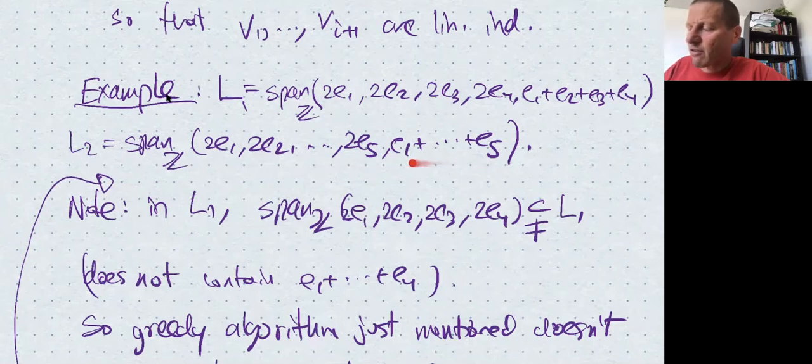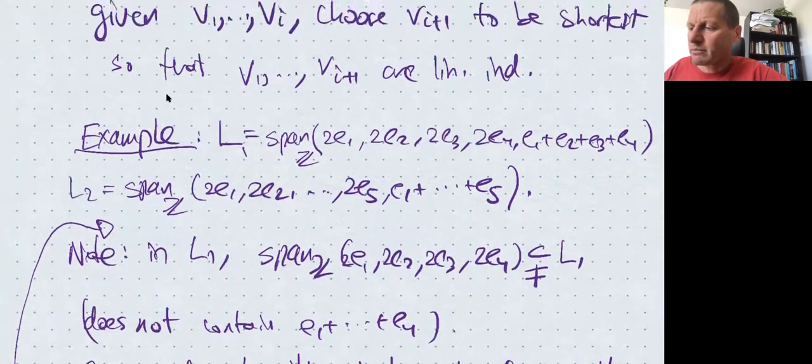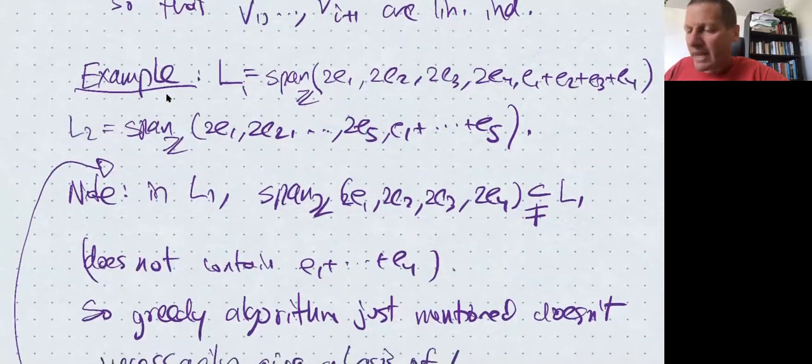This 6th vector is strictly longer, right? Their length is 2. This length is the square root of 5, which is bigger than 2. So if you choose these 5 vectors, you won't get this vector in the Z-span of the basis you're choosing. Okay, so choosing a basis for a lattice is not a completely trivial thing.